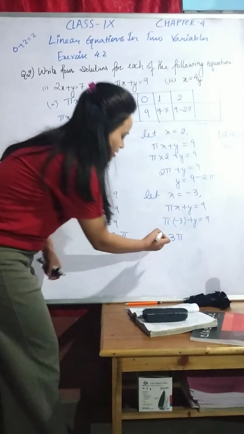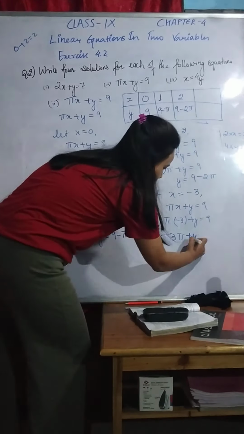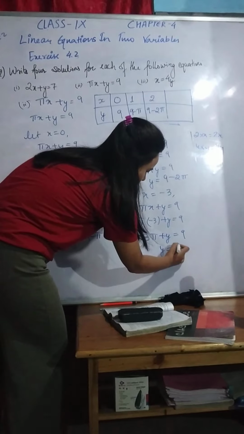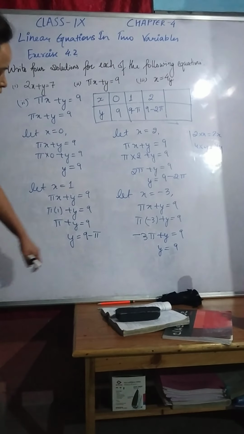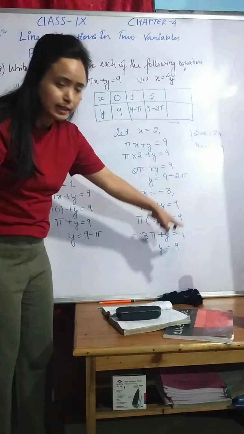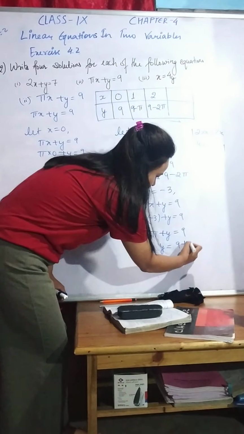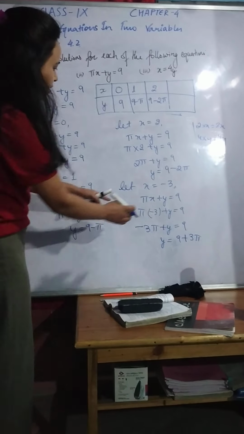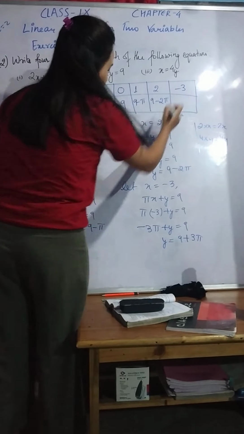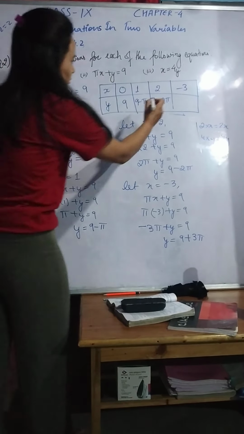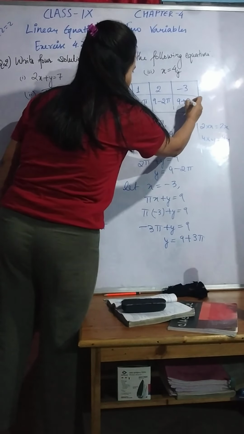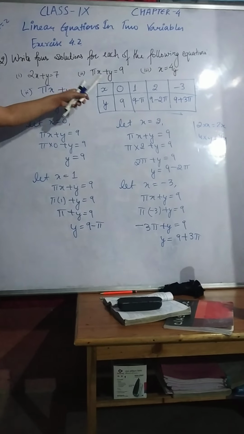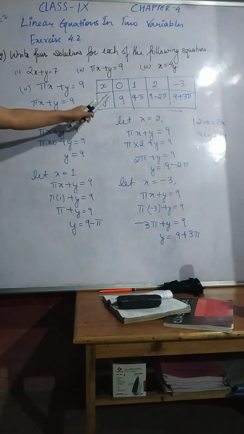So plus minus is minus 3 pi, plus y is equal to 9. Now let's write only y on the left hand side. We have to take minus 3 pi to the right hand side. So minus 3 pi becomes plus 3 pi. Okay, so when we assumed the value of x as minus 3, the value of y is 9 plus 3 pi. So for the second linear equation also we have got 4 solutions.